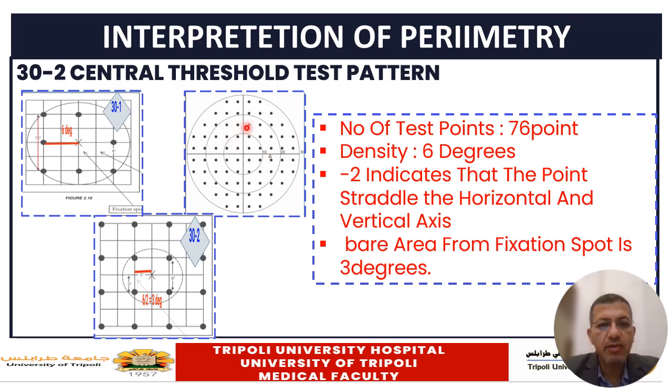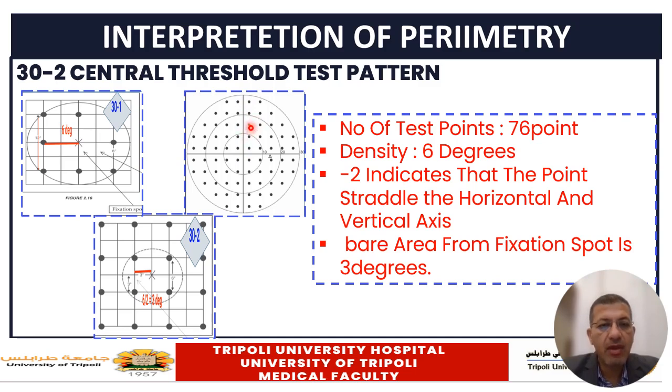So the distance between two test points is around 6 degrees. And also, if there is any defect or any problem, we cannot determine whether it belongs to the right side or left side of the retina. So they exchanged it with the 30-2, in which the test points are straddling the vertical midline, like this one. You can see clearly here the test points are straddling the vertical and horizontal midlines. So the distance between the test points and the vertical midline is 3 degrees instead of 6 degrees.